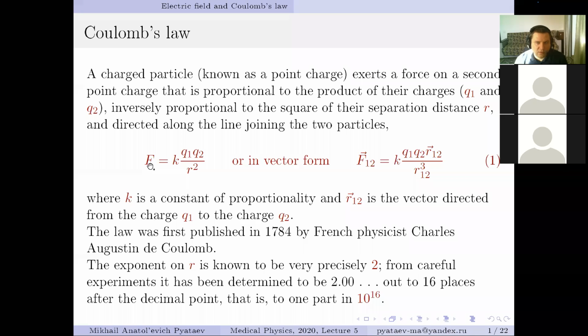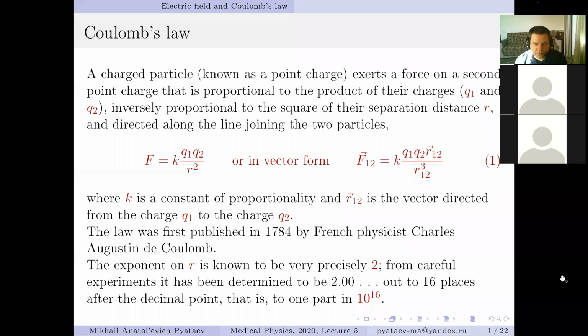This system is not used widely in everyday life. In everyday life, we measure charge in coulombs, voltage in volts and current in amperes. But the SGS system is widely used in theoretical physics because it is useful there.